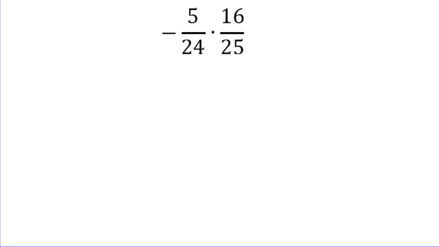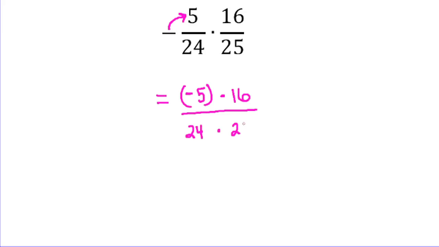In the second example, we're asked to multiply -5 over 24 times 16 over 25. We're going to make use of our rule in this case. Remember that negative sign, I'm just going to think of it as being attached to the numerator, so -5 times 16 in the numerator, and my denominator is going to be 24 times 25.